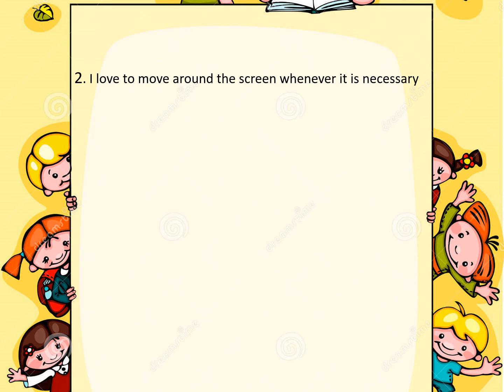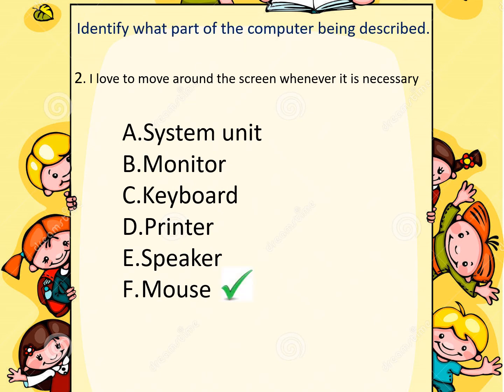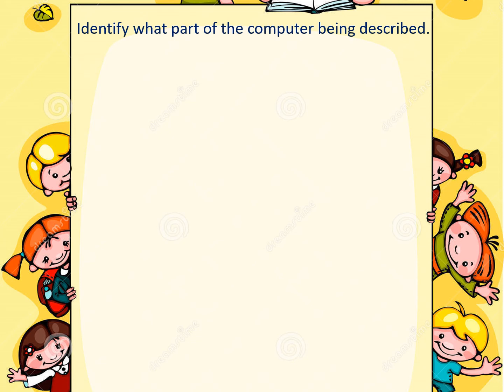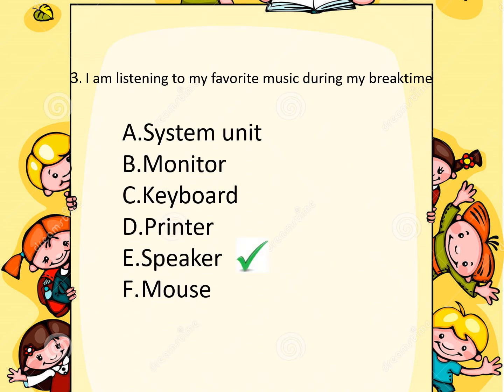Number 2, I love to move around the screen whenever it is necessary. If your answer is mouse, then you are right. Identify what part of the computer is being described. I am listening to my favorite music during my break time. If your answer is speaker, then you are right again.